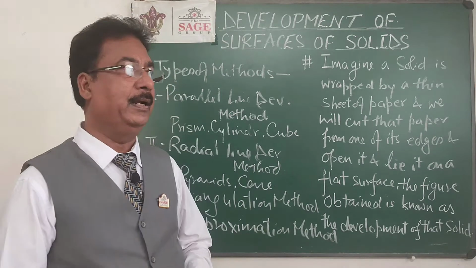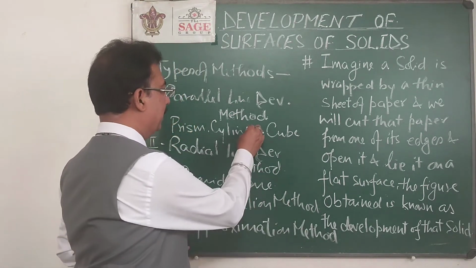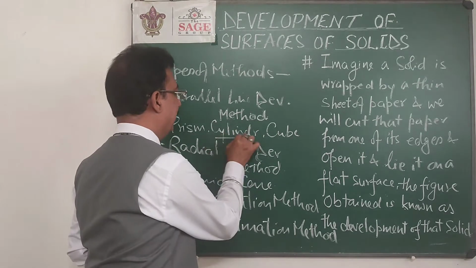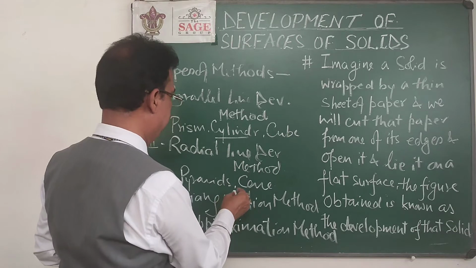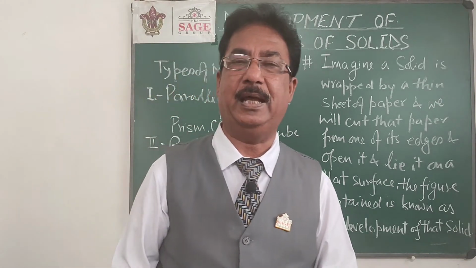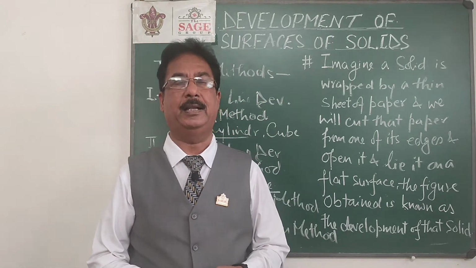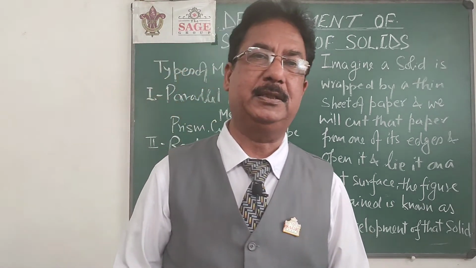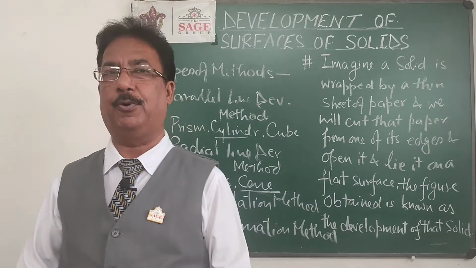We can develop single curved solids, which have a single curved surface, like cylinder and cone, exactly, but double curved surfaces like sphere, paraboloid, ellipsoid and hyperboloid cannot be developed exactly. So we will use the approximation method.